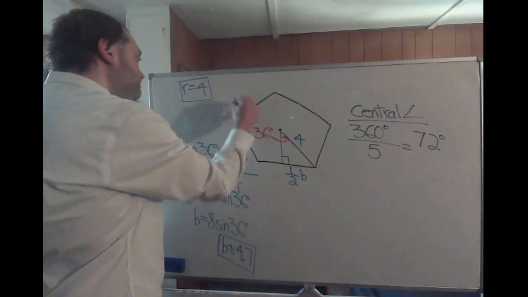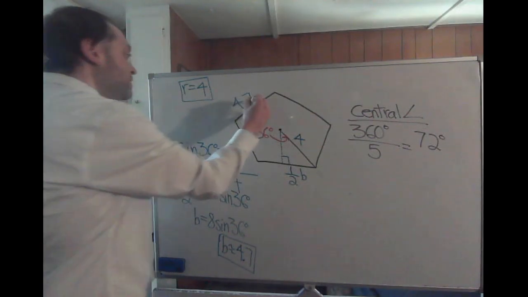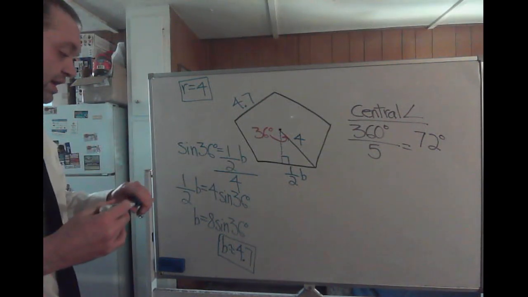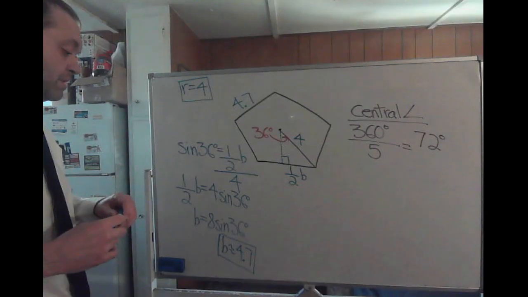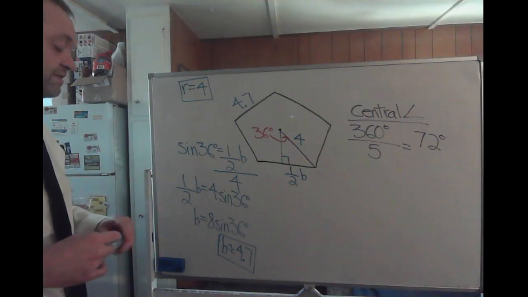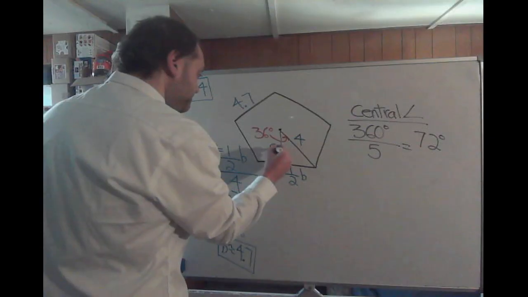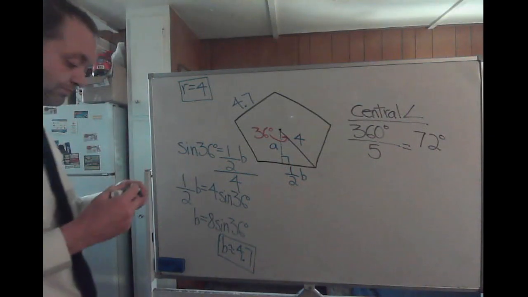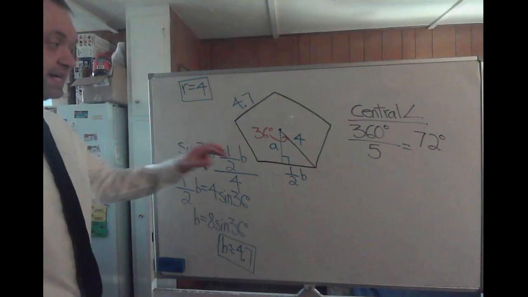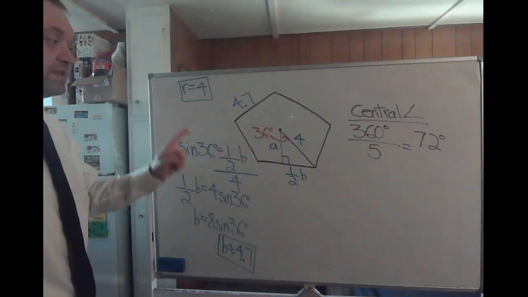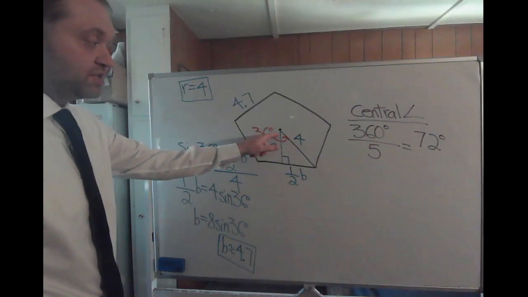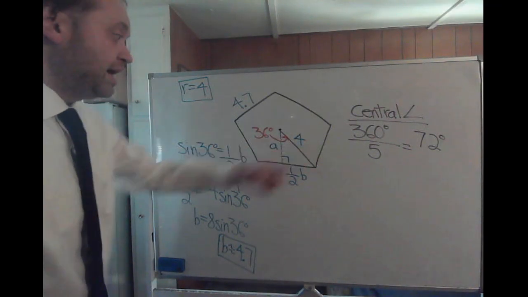So there you go, 4.7 units for the length of one of the bases. Now we just need to find the length of the apothem, which would be A. Well, in this case, the apothem is the adjacent leg to the 36-degree angle, and we know the hypotenuse.